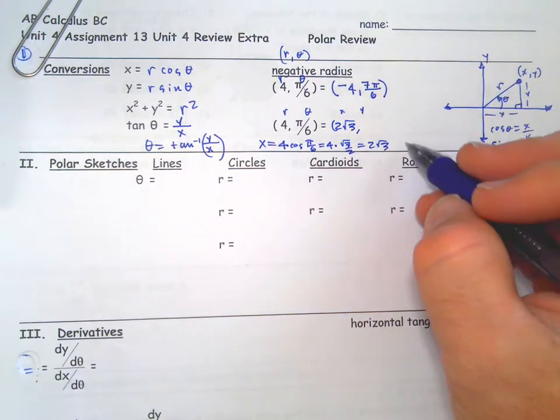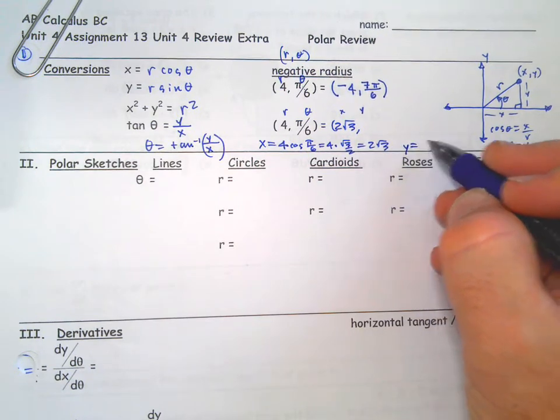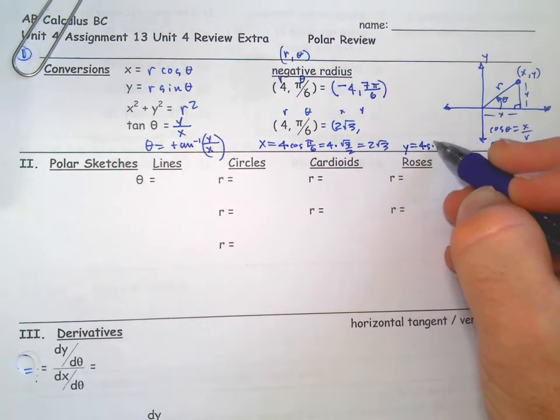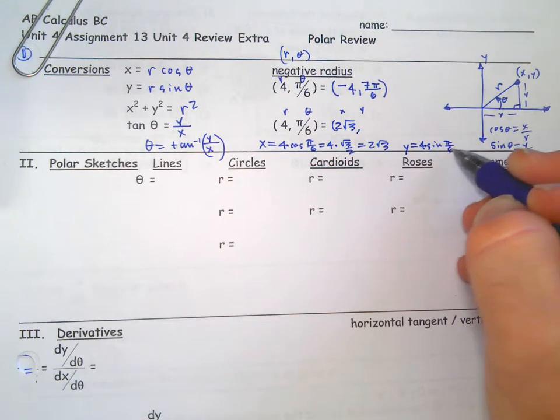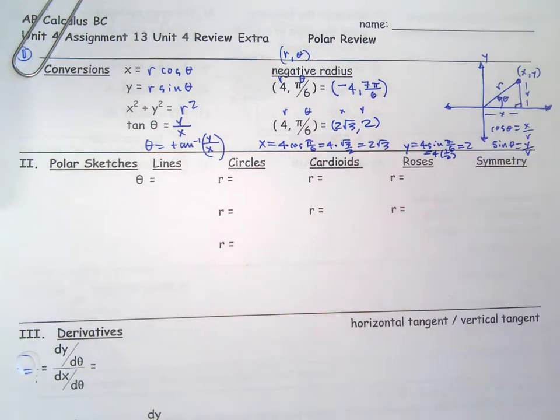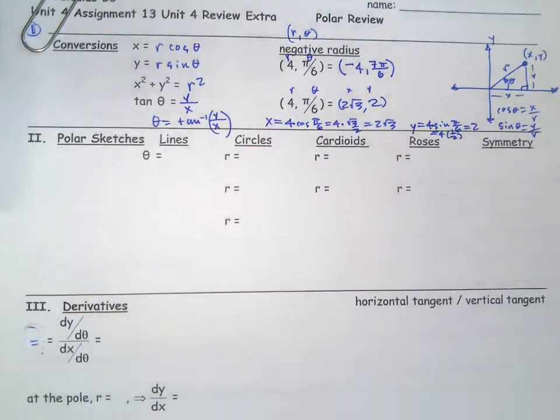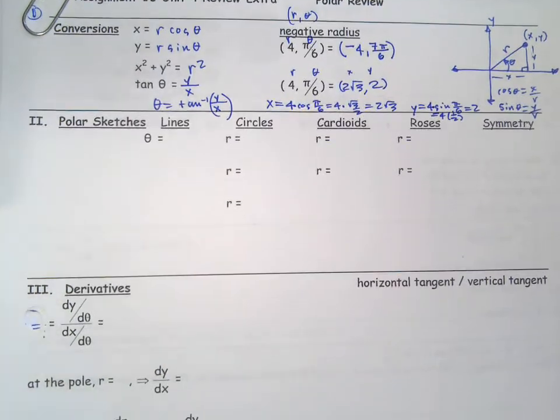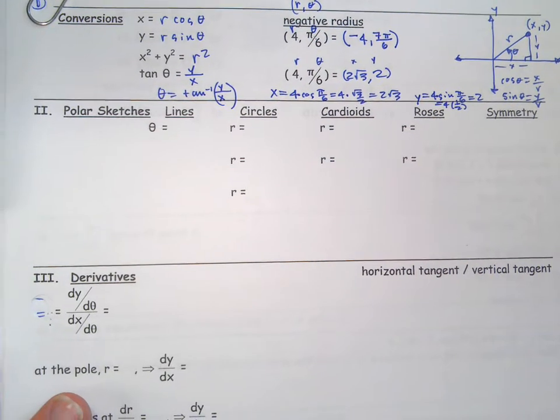Then the y value would be 4 sine pi over 6, and so that would be 4 times 1/2, and that would be 2. So I have a couple problems like that on the test where you have to give me some other polar coordinates to give the same location, or convert from one coordinate system to another.